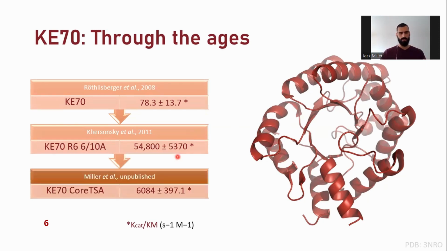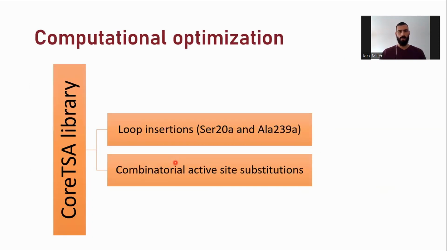And then we come into the picture, and we combine both of those and synergize them. I'll get into that in the next slide. But this is just temporary for preliminary results here. So what do we do? Well, we took the 2 key loop insertions from the 2011 paper, which are just outside of the active site, and are believed to increase flexibility of the residues in the region.